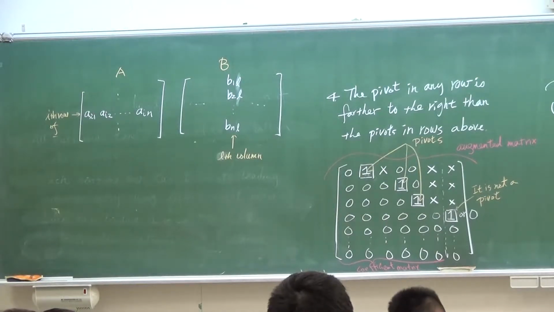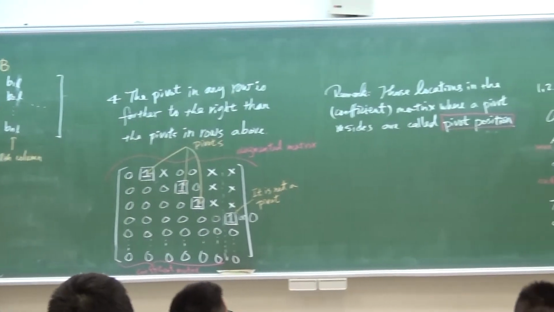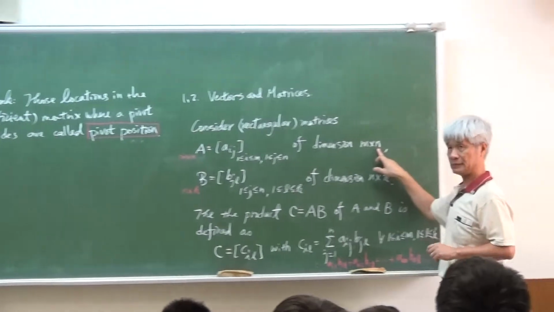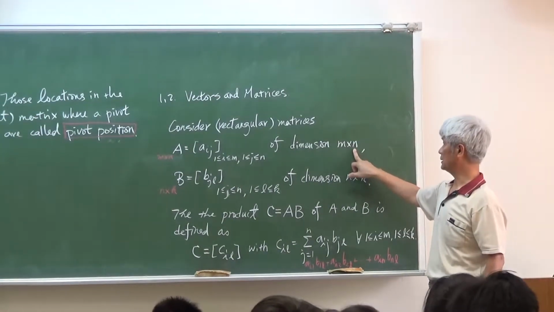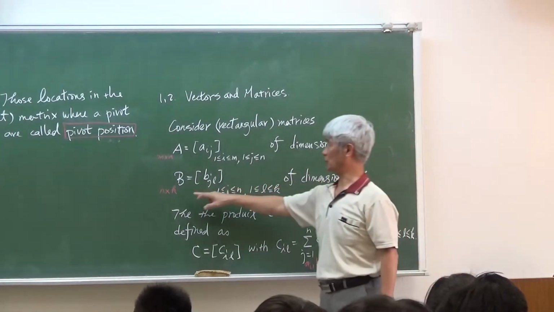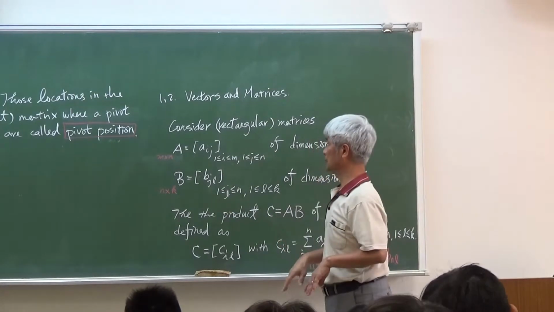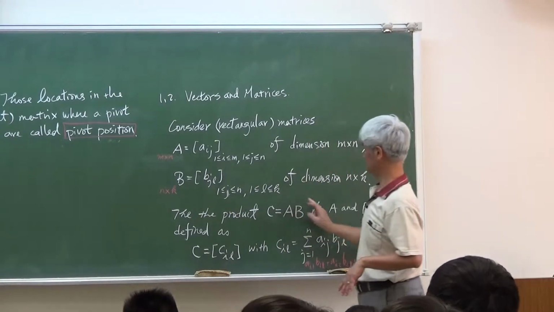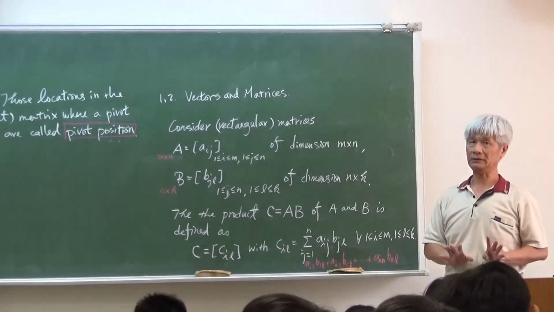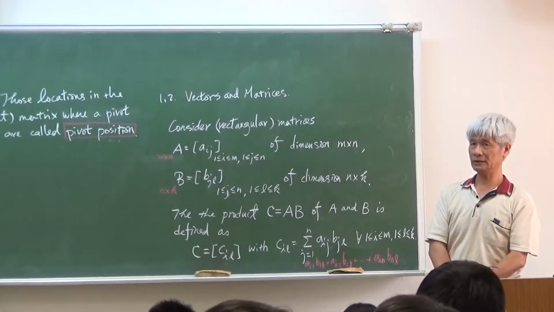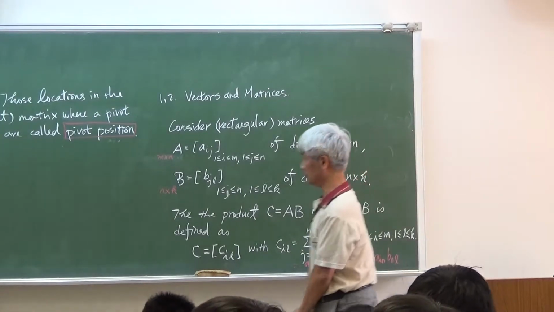So to get the product of two rectangular matrices, you have to deal with the right dimensions for A and B, such that the number of columns of A should be equal to the number of rows of B. Otherwise, the product cannot be defined. You know this fact from high school.